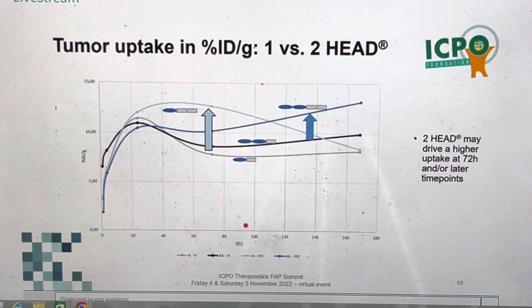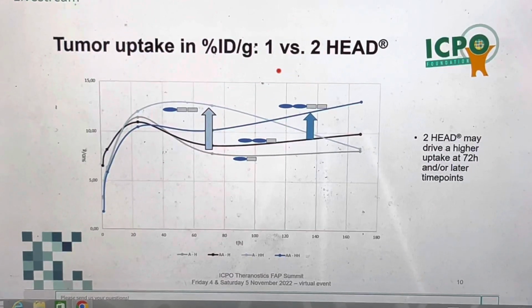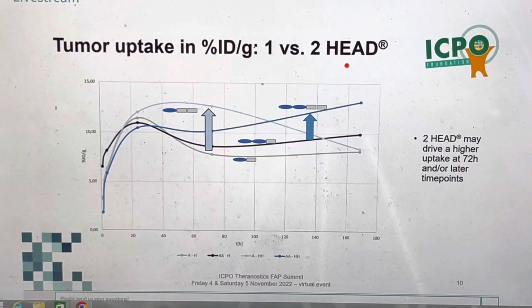Here we're looking at the same graph and now focusing on what happens when you move from one head to a two-head version. So for instance, from the gray line to the light blue line, one head version to two heads, or from the black to the blue.